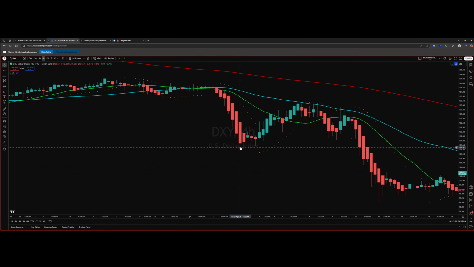Like this is a 4 hour, this is a very clean looking one anyways, right? But it's just another way to trade, another way to track and trap price and monetize the chart, because that's our only job, right?